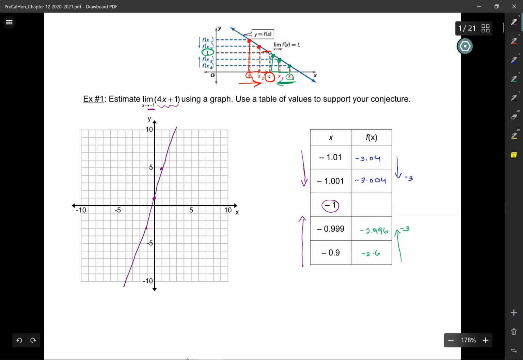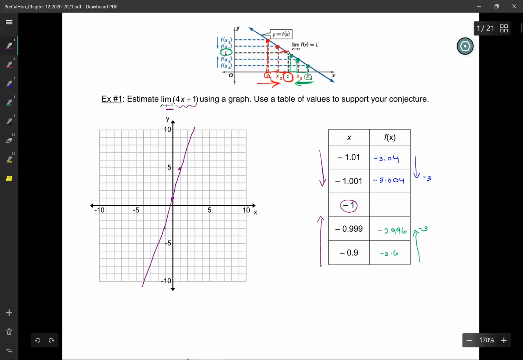Okay? All right, so take a look. As you approach -1 from this side, where is your y value going? Oh, look. Down to -3, right? And as you approach -1 from this side, where is your y value going? Oh, look, up to -3.